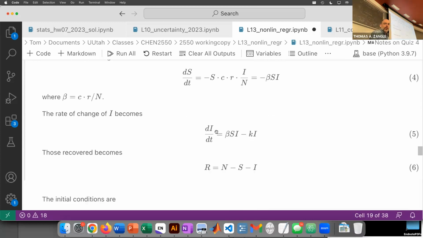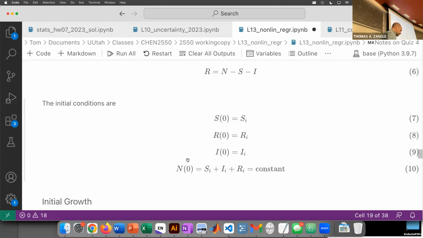We do the same thing for the rate of change of the infected people by more or less tracking inflows, people who become infected, minus the people who recover. And for recovered, again, the number of people who are recovered is just the difference between the total number of people in the population and the people who are susceptible or infected.